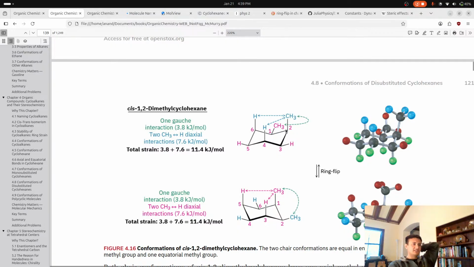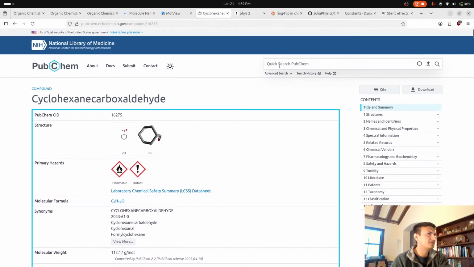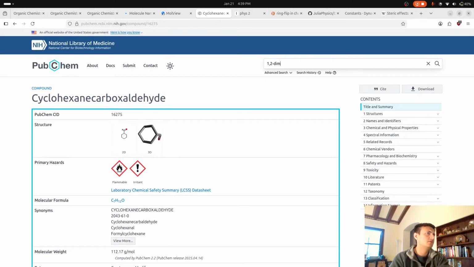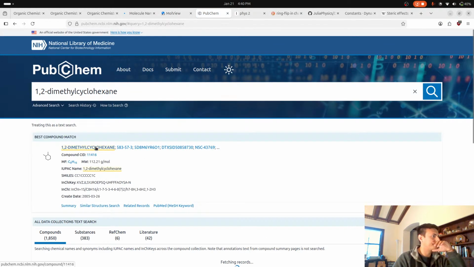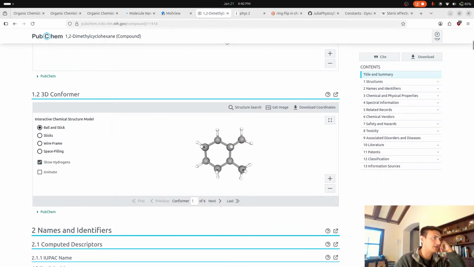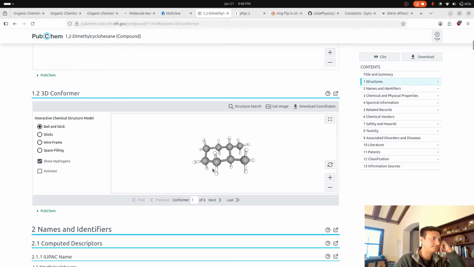So obviously, oh, okay, this is crazy. All right, so let's look at 1,2-dimethylcyclohexane. I think the problem is though that I don't think that we get the form that we want, right? Like this. Hold on, what are we looking at here?